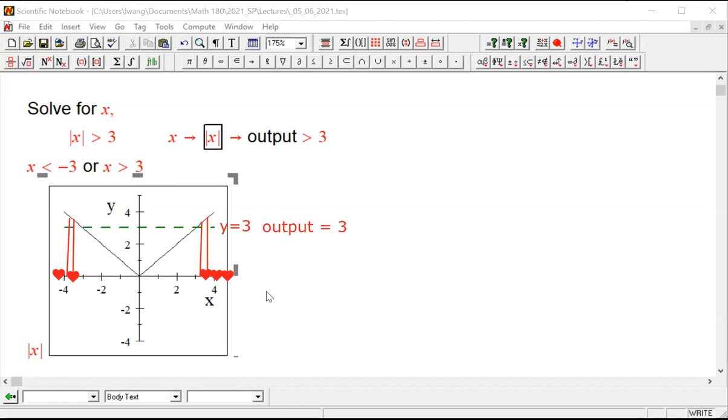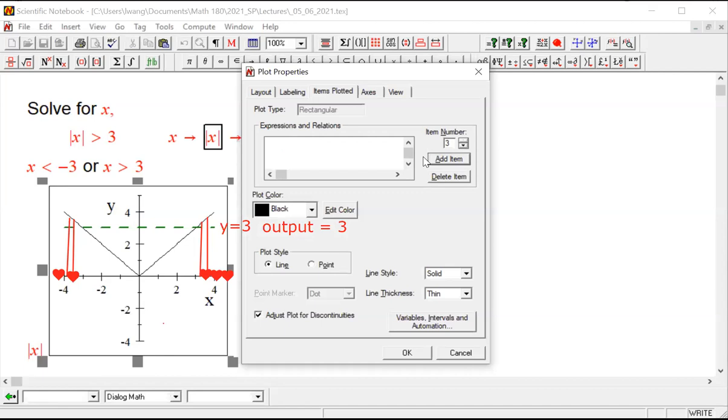Now, that's the situation for greater than 3. But what happens if it's greater than -3? Where do you find that? What is greater than -3? You want the output to be greater than -3.